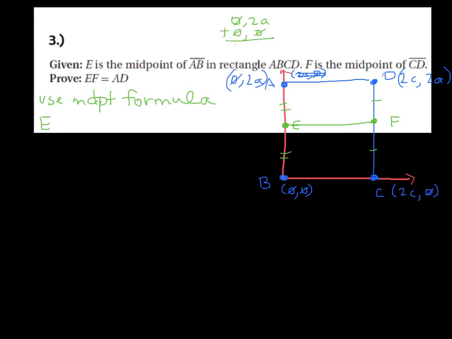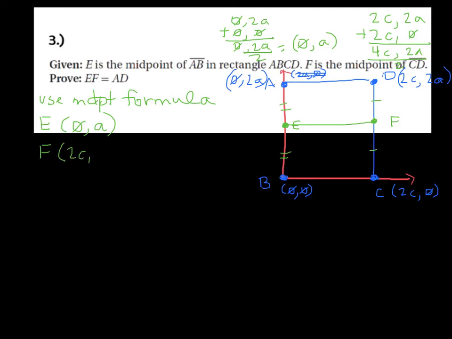You add those together, you get 0, 2a, you divide by 2, and you find out that those coordinates would be 0, a. To find the coordinates of F, I'm going to stack D and C's coordinates. So I have 2c, 2a plus 2c, 0. And when I do that, I'm going to get 4c, 2a. And then when I divide by 2, 4c divided by 2 would be 2c. And 2a divided by 2 is just going to be a.